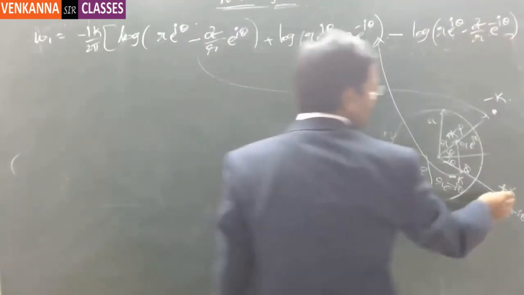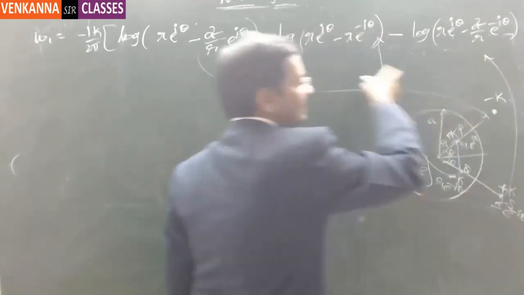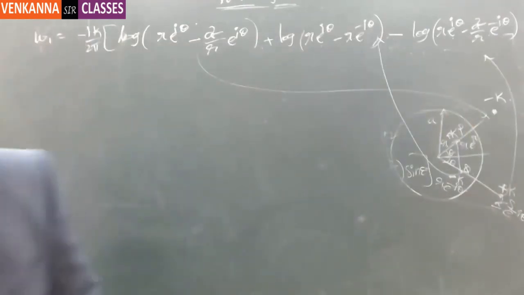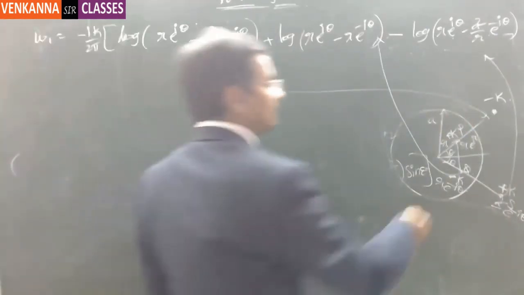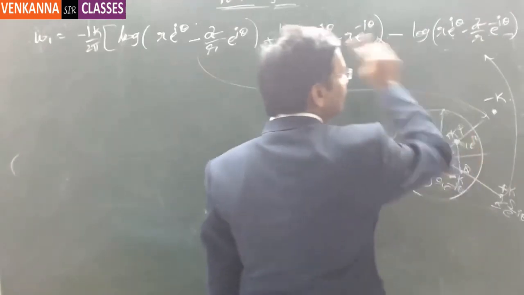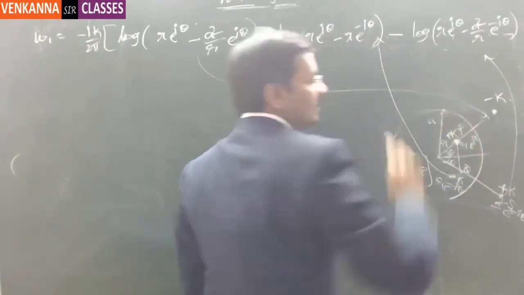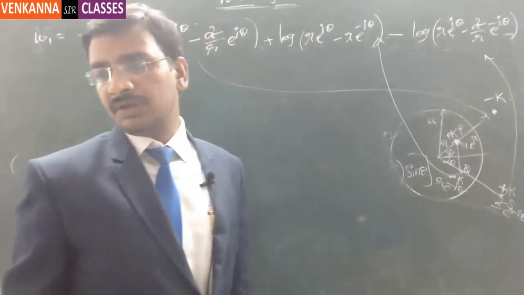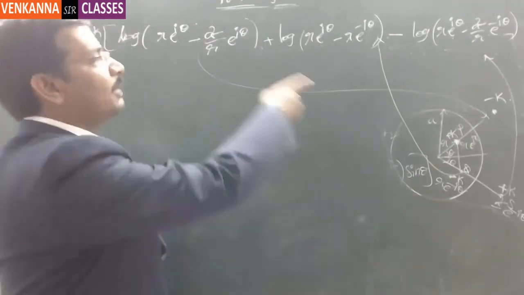So that is because of this one. Now all these three complex potentials together will give the complex potential at this particular point. This will decide how this particular vortex is moving from there. Got it? So this part you understood, everybody?